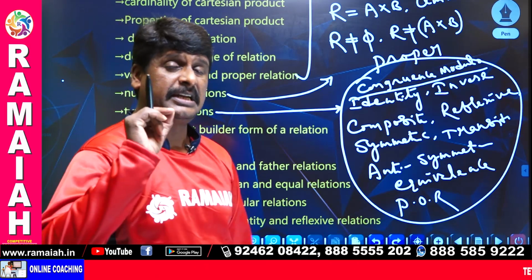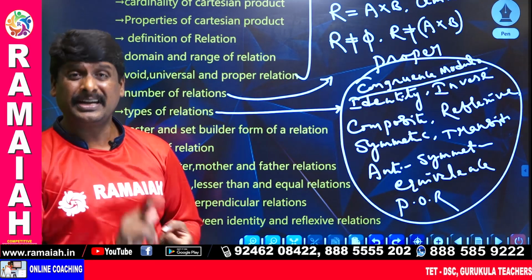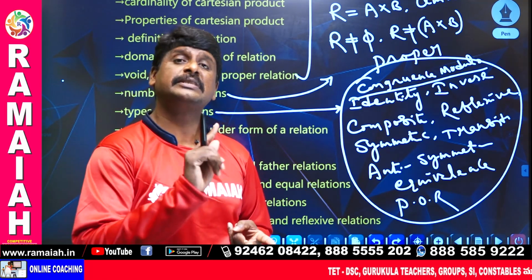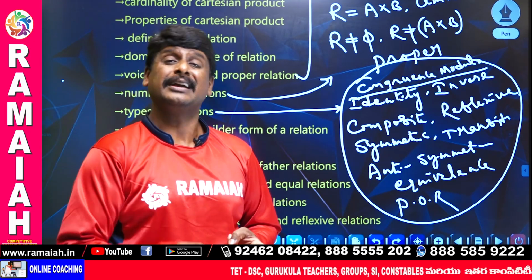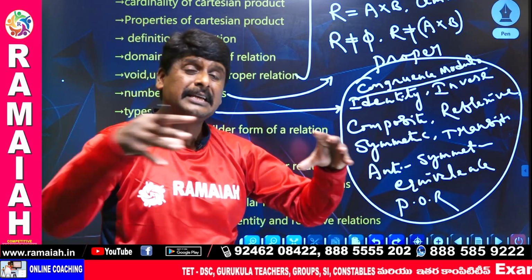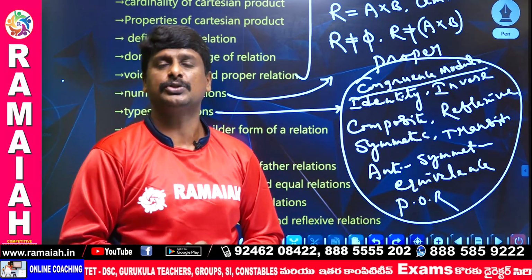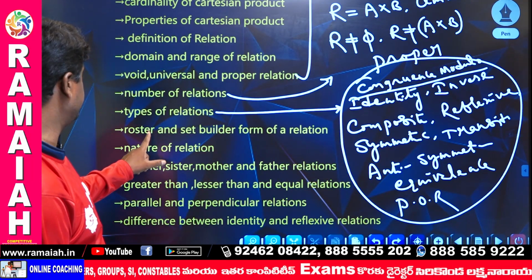That's why it is necessary to be thorough in the types of relations. What is the condition for reflexive relation? What is the condition for symmetric relation? What is the condition for transitive relation? Condition for antisymmetric. Is there any relation between symmetric and antisymmetric? So these are the things important under types of relations.